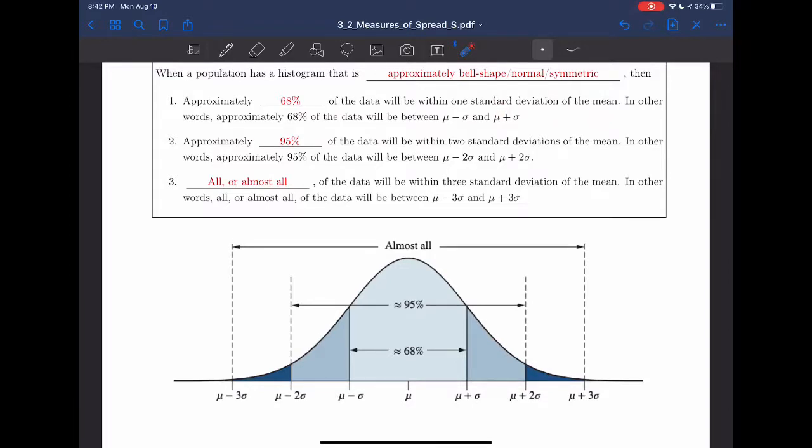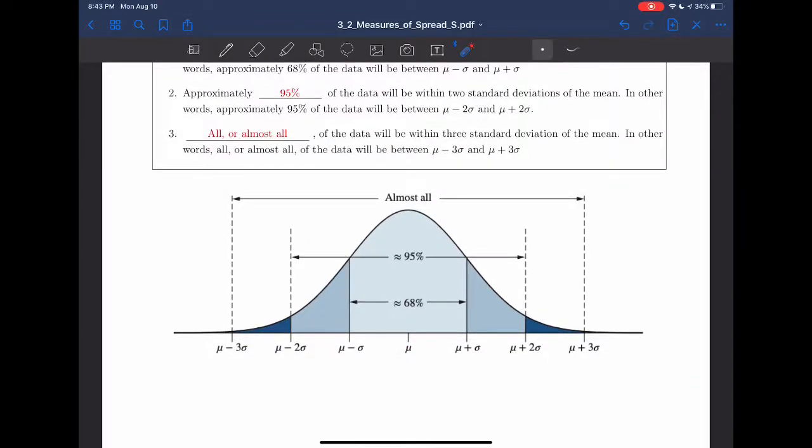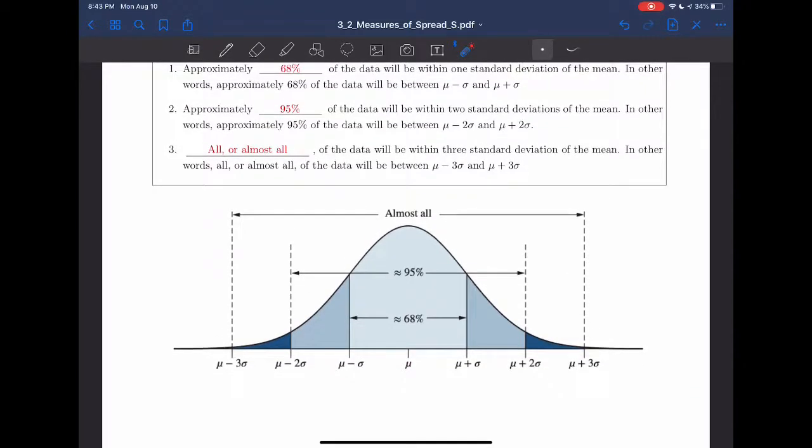Well, remember when we were talking about distribution of shape with mean, median, mode? We know that when it's symmetric, the mean is right in the middle. So this is your mu, because this is your average. So 68% of your data is one standard deviation away from your mean. So that means you add one standard deviation and subtract one standard deviation, and that's 68% of your data.